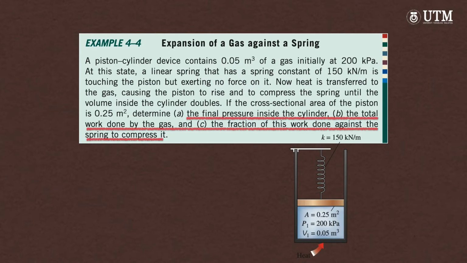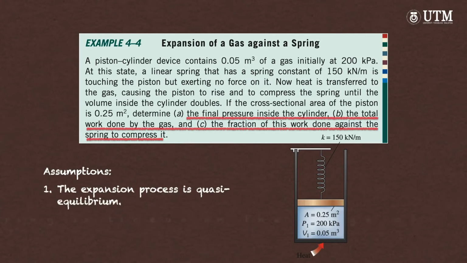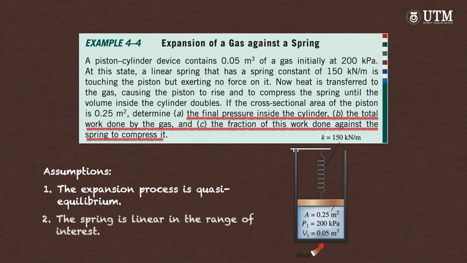Before we solve the problem, we must first specify the assumptions for simplification as follows. First, the expansion process is quasi-equilibrium, and second, the spring is linear in the range of interest.